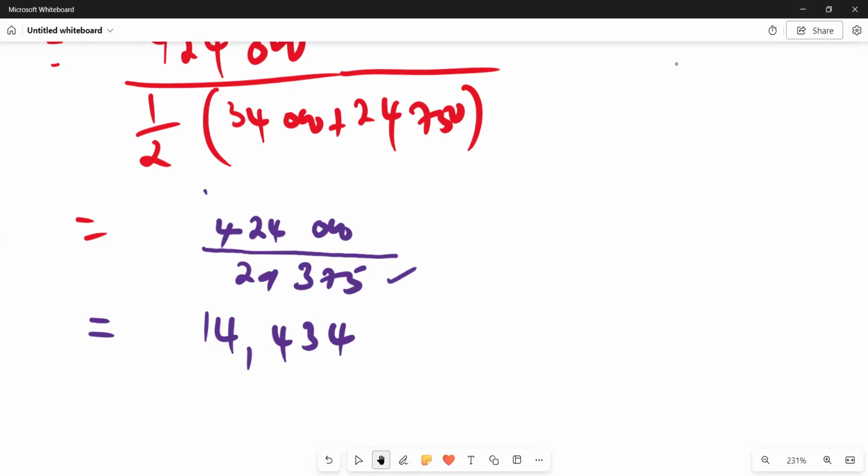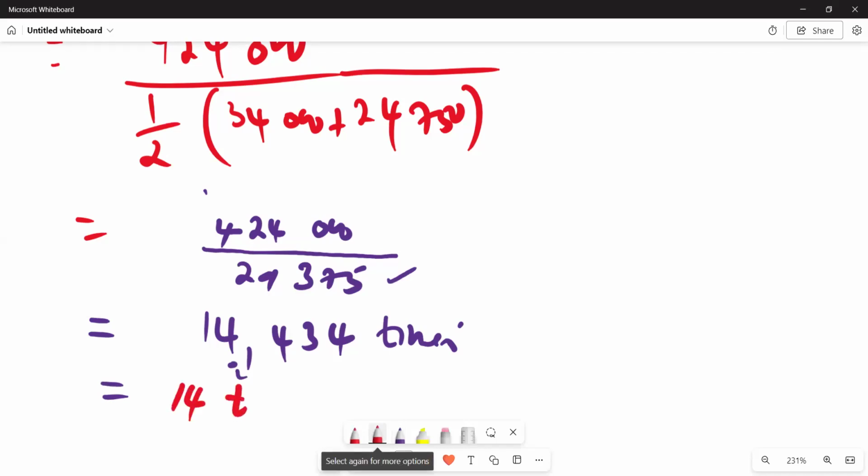Then you calculate as our cost of sales 424,000 divided by average stock 29,375. You get your answer as 14.434 times. Remember, your answer you're supposed to leave it in times. Then you round it off to the nearest whole number here. You leave it as 14 times. So this will become your final answer.